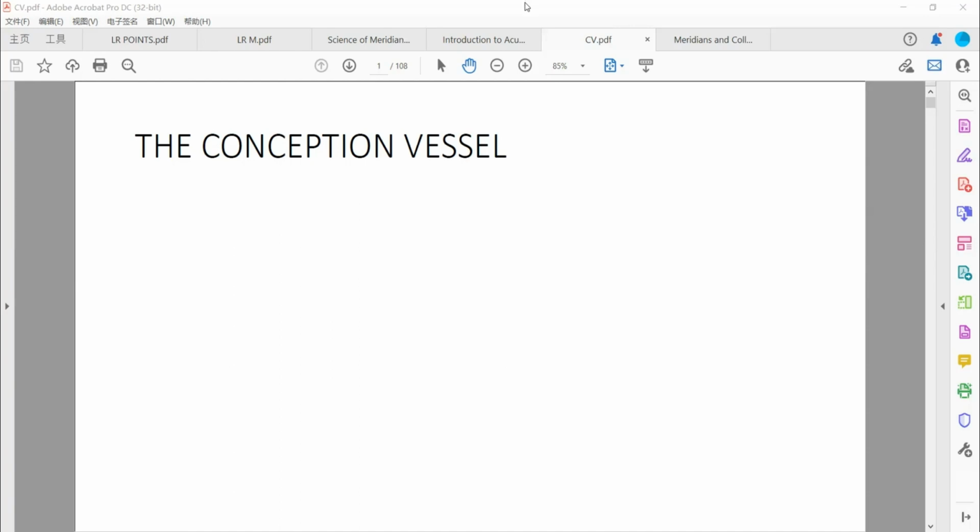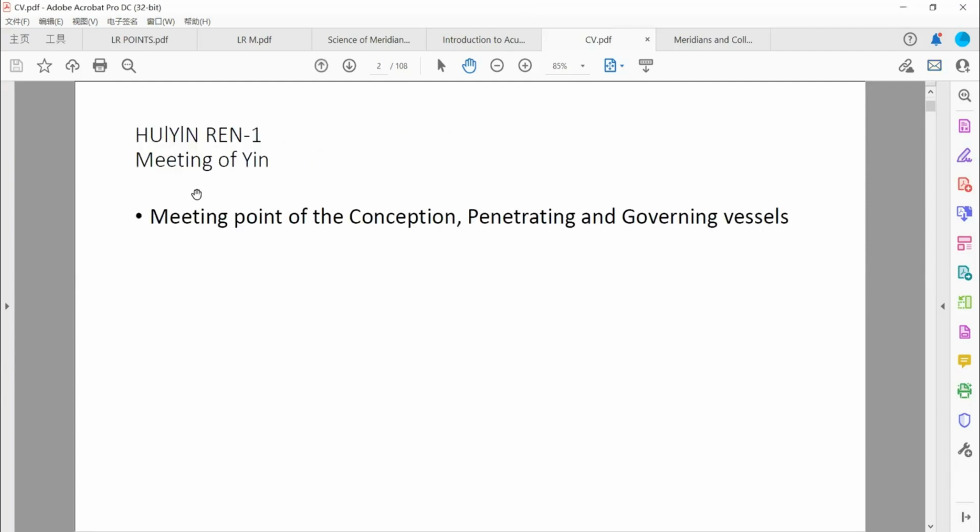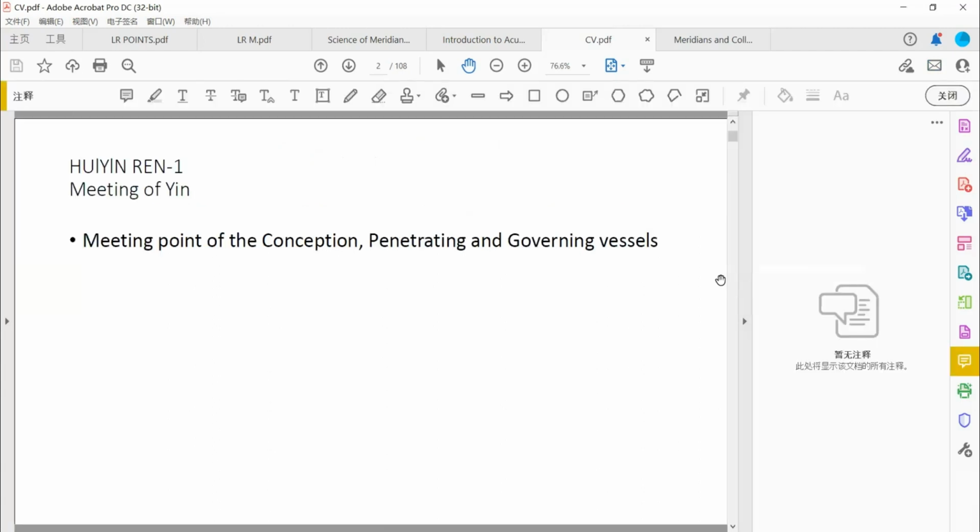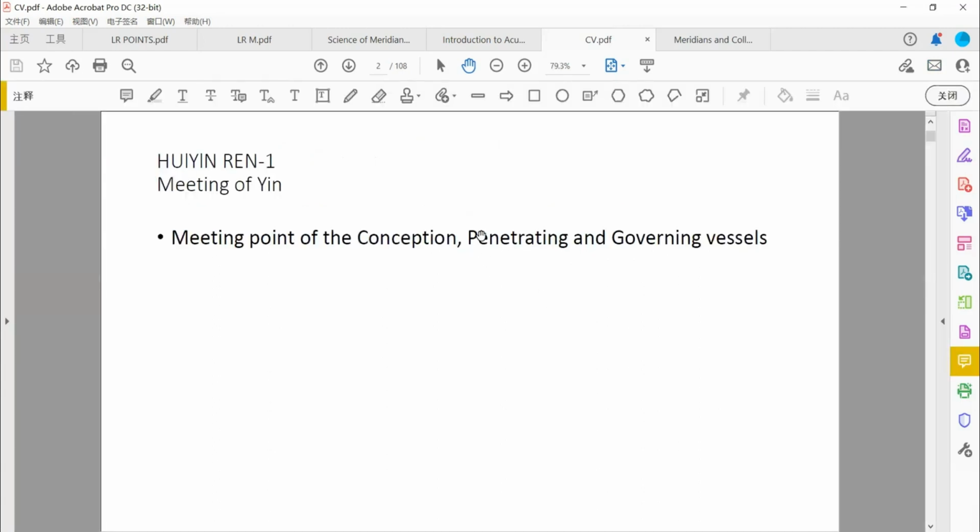The first one is Hui Yin, CV1. It's the meeting point of the CV, the penetrating vessel, or chong vessel. Different books use different names.